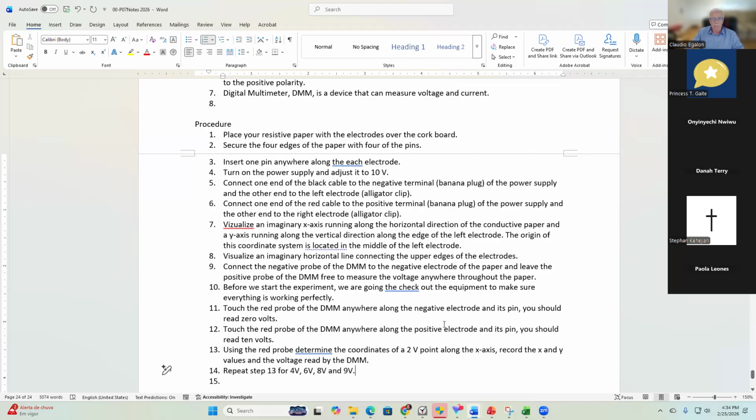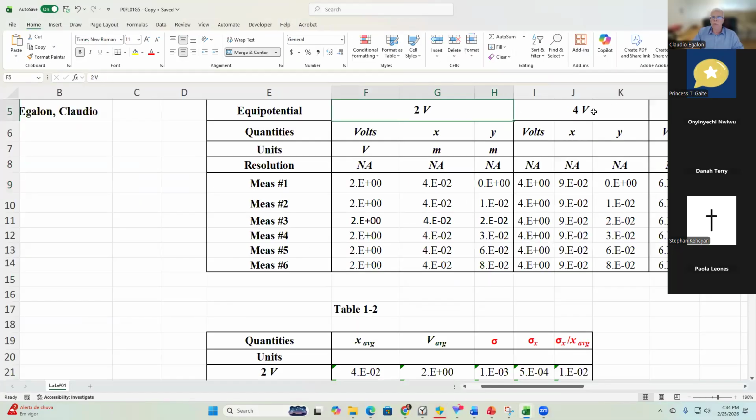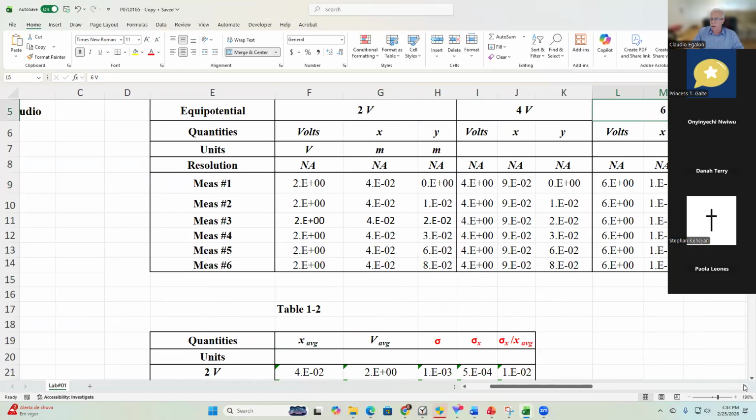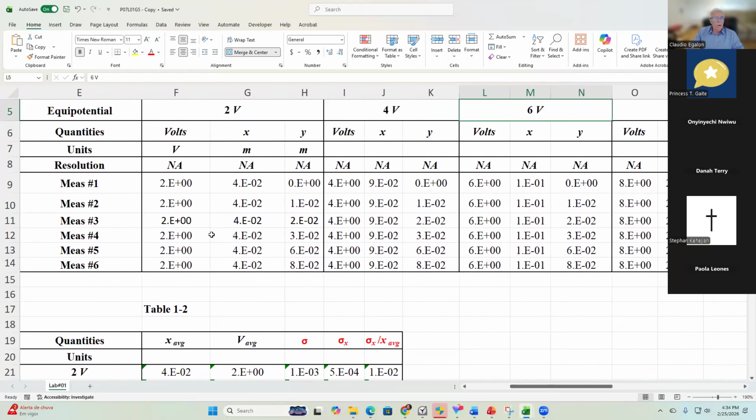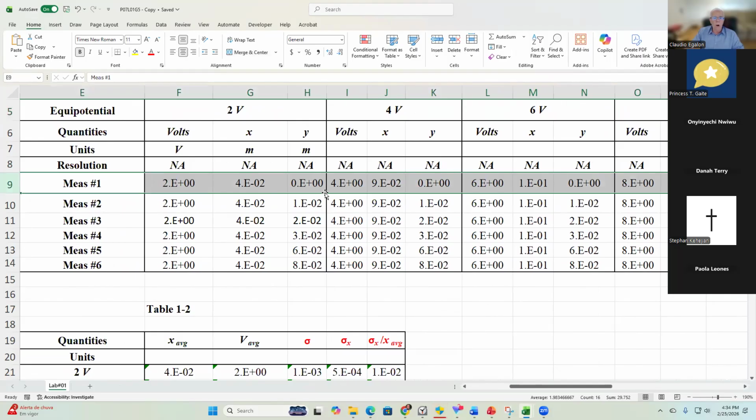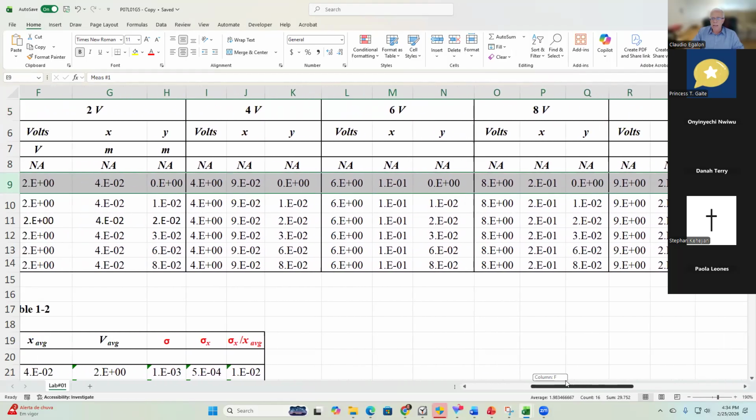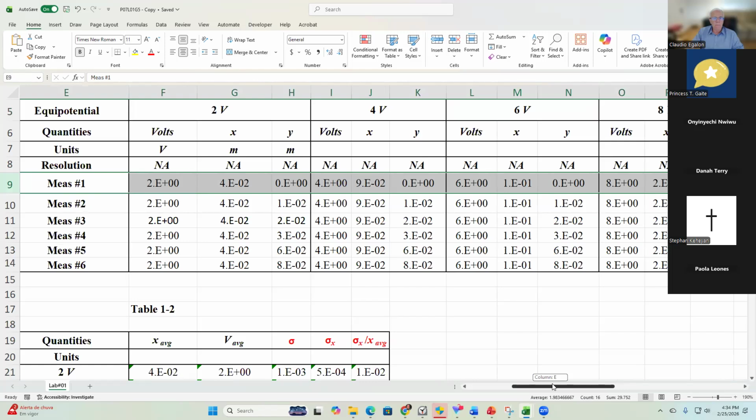Okay. So let's make sure we have 2 volts, 4 volts, 6 volts, 8 volts, and 9 volts. Note that we're measuring just this one. All of them here have 0 volts. Double check that with your spreadsheet, okay?